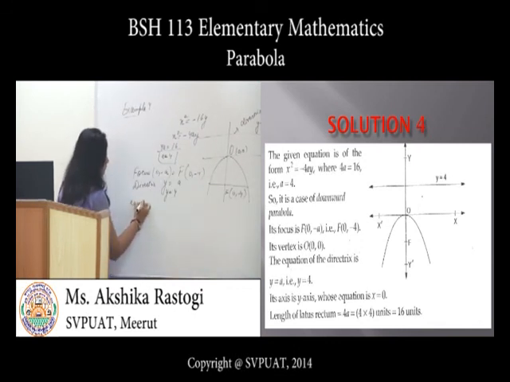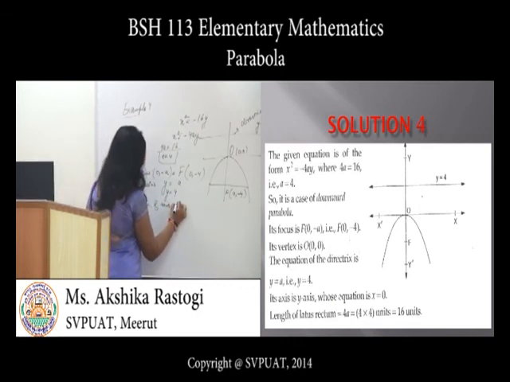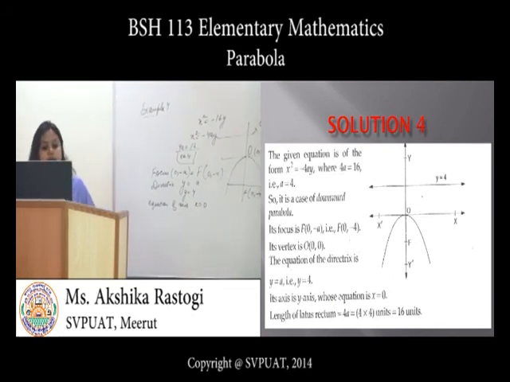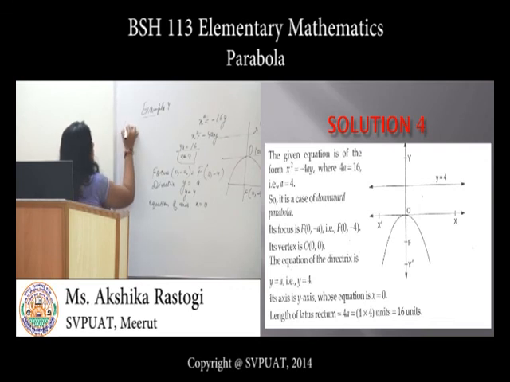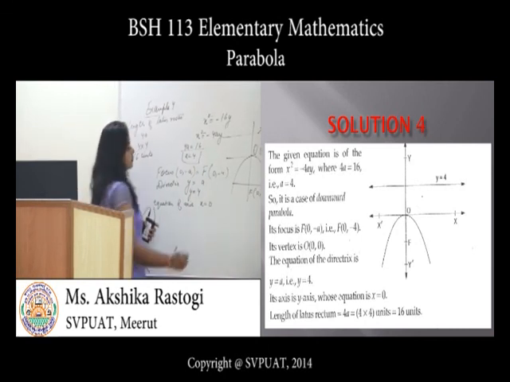So the equation of the axis is x equals 0 because we have the y-axis. And the length of the latus rectum is the same for all the standard forms, that is 4a, that means 4 into 4, this is 16 units.